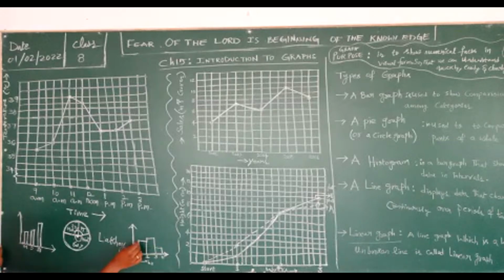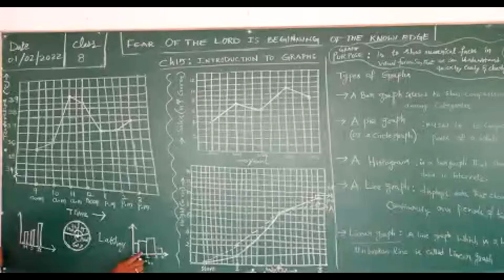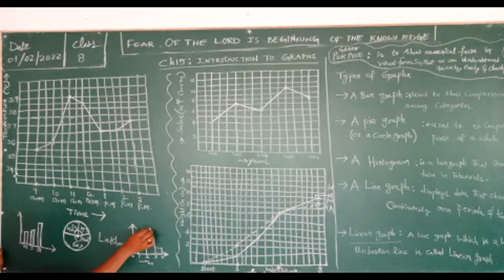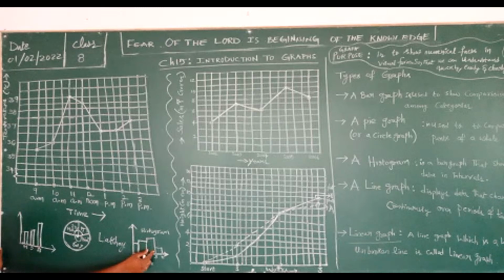Like this, observe now, these bars are joined together, and you are showing the data in intervals, then that is called a histogram. Simply remember that if all these bars are joined together, then that is called a histogram.